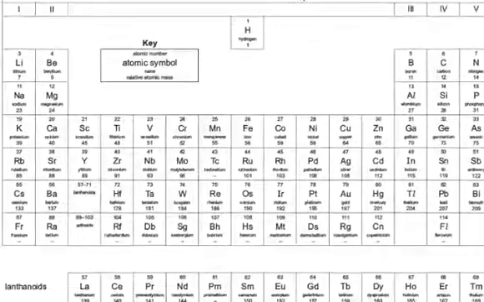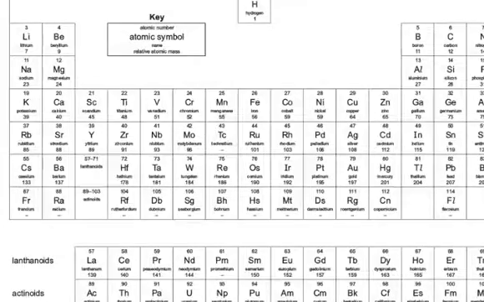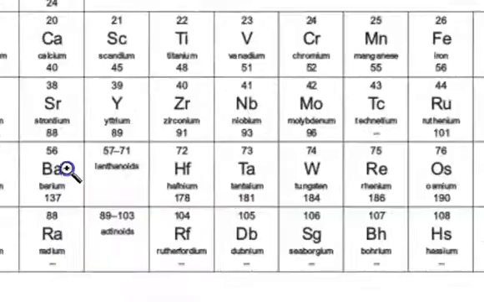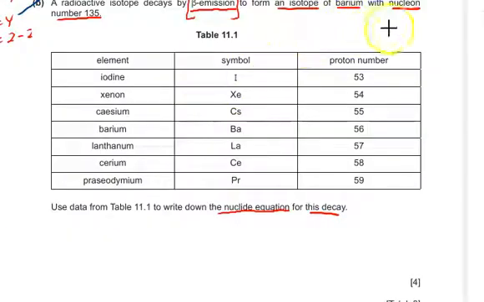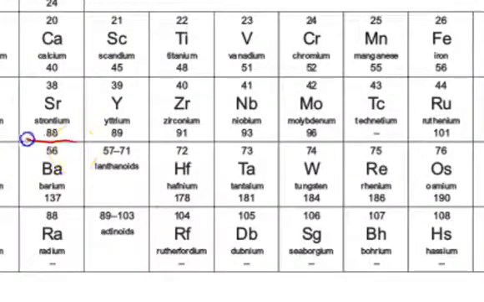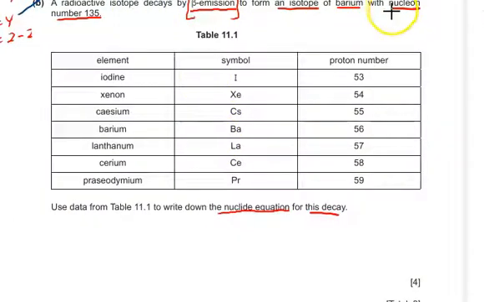If you look at the periodic table, barium is 56 and 137. Please remember this, 56 and 137. Here the proton number will be the same, because an isotope has the same proton number.